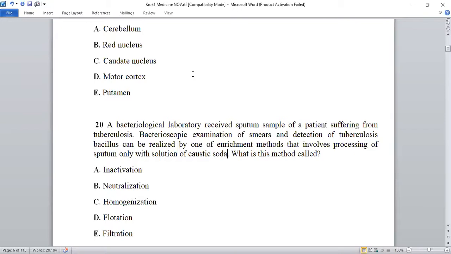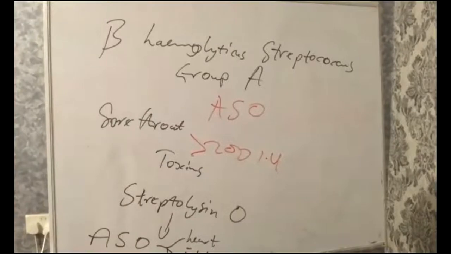Okay, so in the process of doing that, they have to first do homogenization and also add what we call the caustic soda. Actually, the name of the method that they are doing is called modified Petrov's method, okay? But that homogenization is part of the method, okay? And once you are adding the caustic soda, it means that homogenization has already been done.